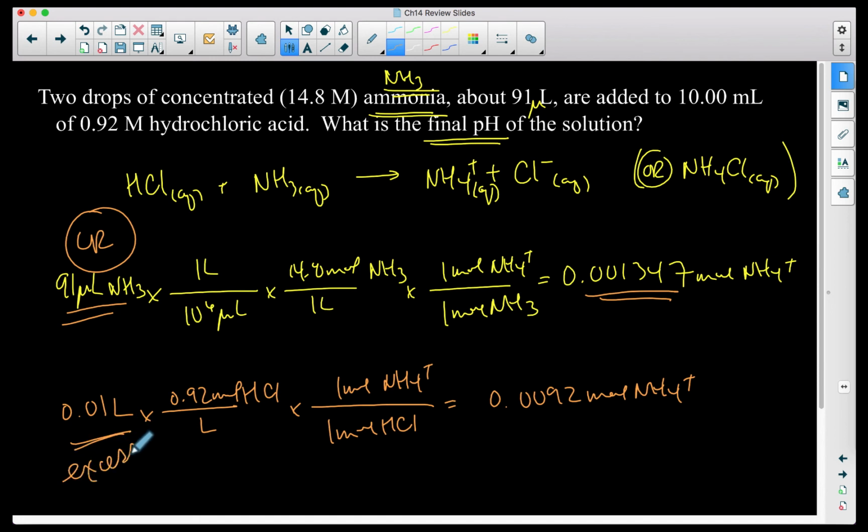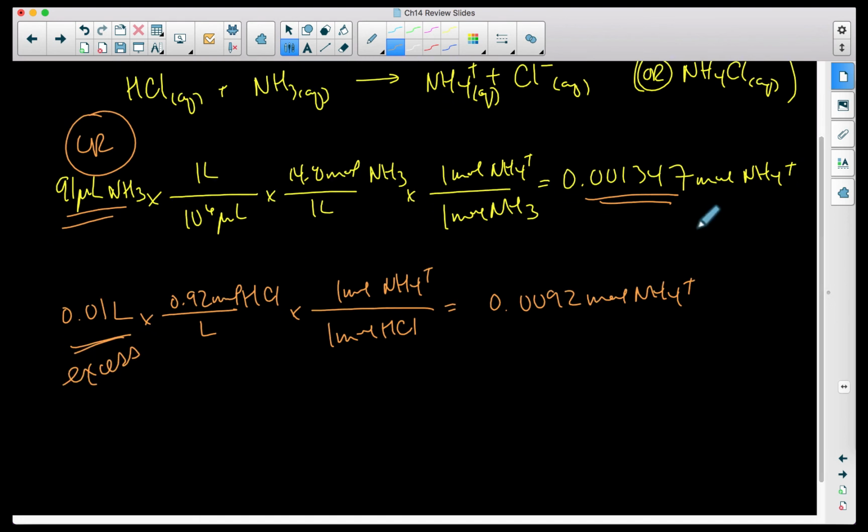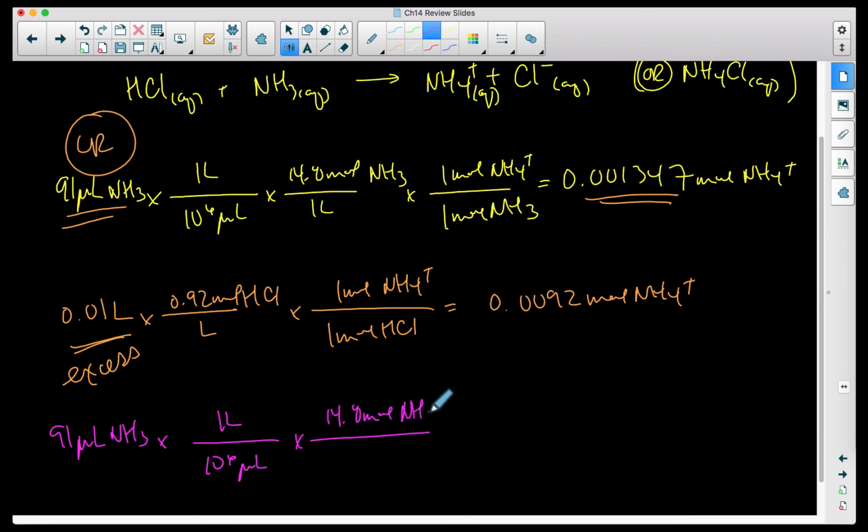So just like we did in class, we need to figure out how much is left over. So we're going to start from my limiting, which is my 91 microliters of NH3. I'm going to convert that to normal liters, and then I'm going to figure out how many moles I have. And then I'm going to figure out how much of the other one I use. So for every 1 mole of NH3, I would consume 1 mole of HCl.